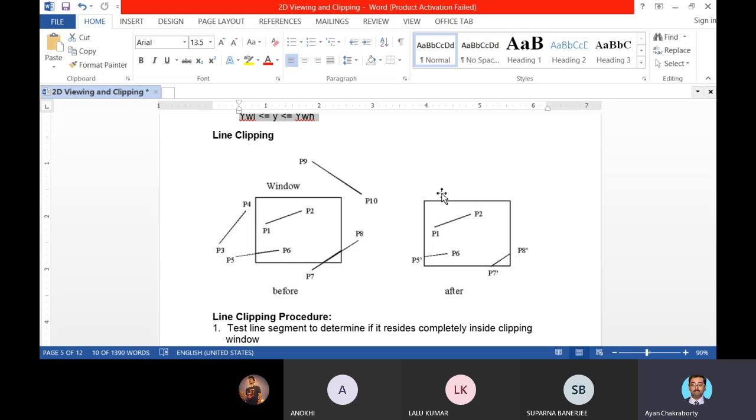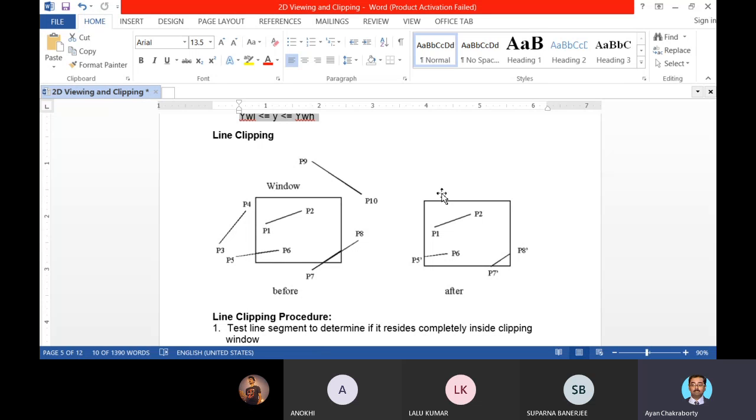Third one is P5, P6. Fourth one is P7, P8, and the fifth one is P9, P10. So there are 5 straight lines. You can see some of these lines, like P1, P2, are completely inside the window. This straight line is completely inside the window.